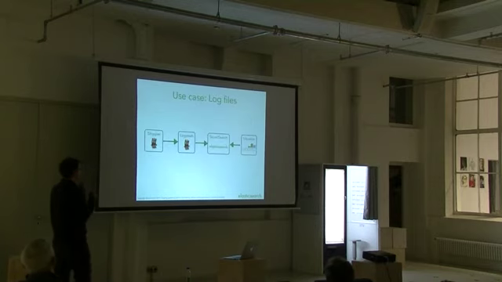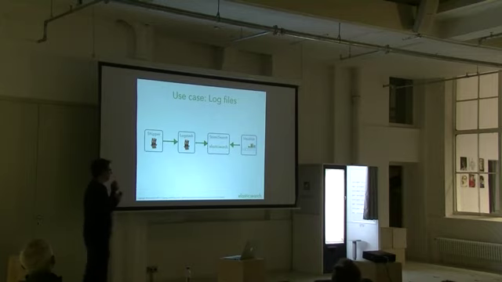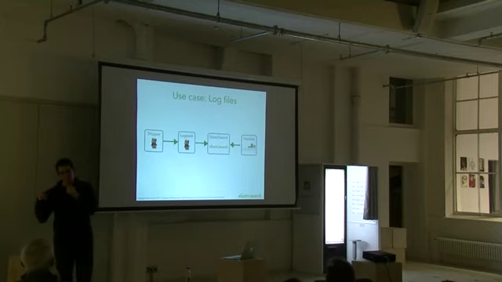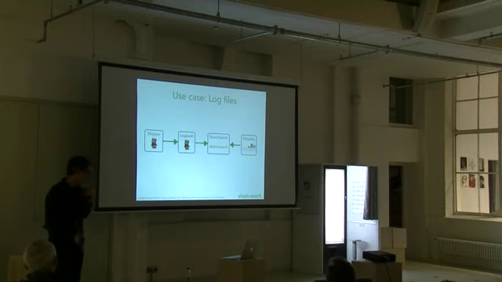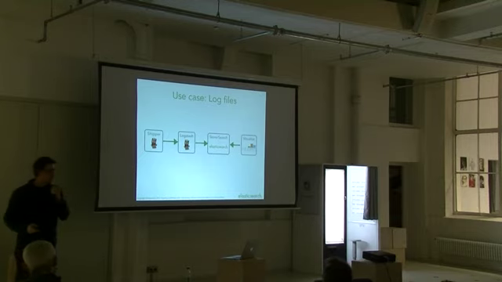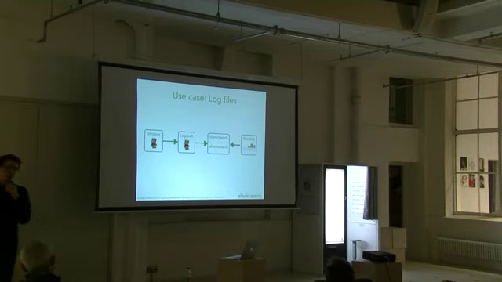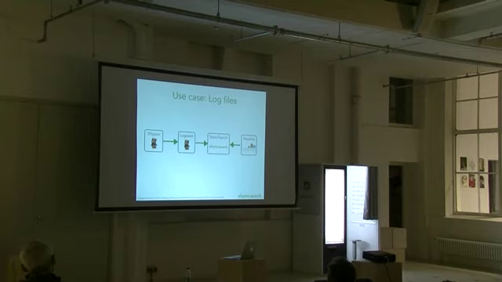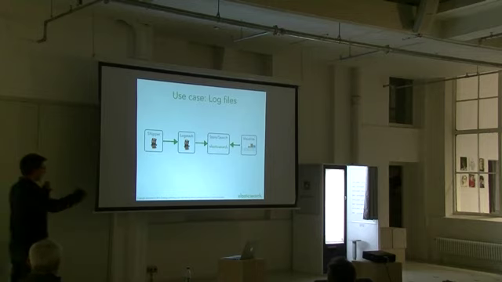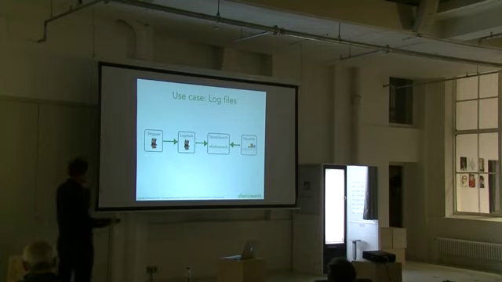So, what does the setup look like? The standard setup in the log file case is usually that you have something called a shipper or forwarder, which is a very tiny, lightweight process running on the host where the log files are, like the Apache web server.